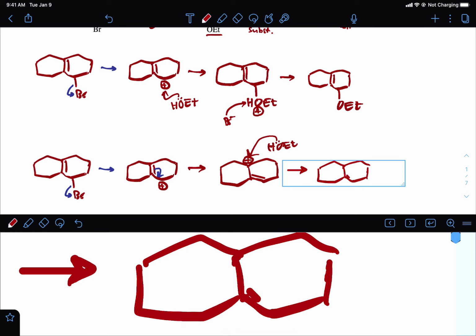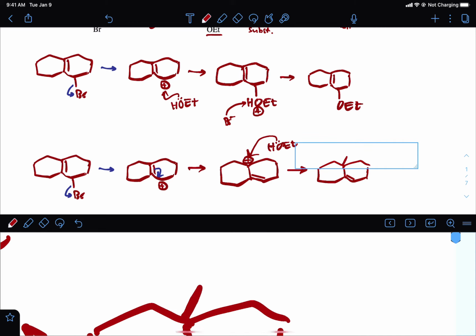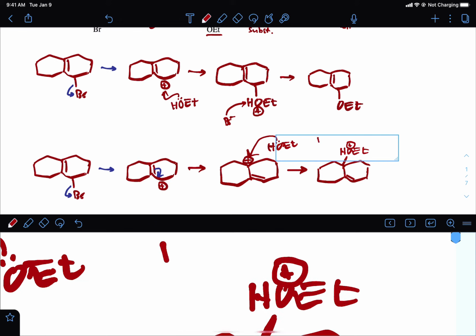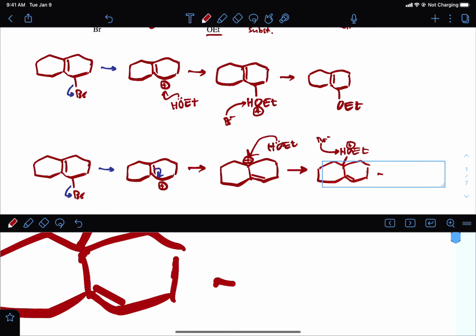Where our double bond is here, we've got HOEt with the positive charge, just like before. And then our bromide can come grab the H. And we get to our product.